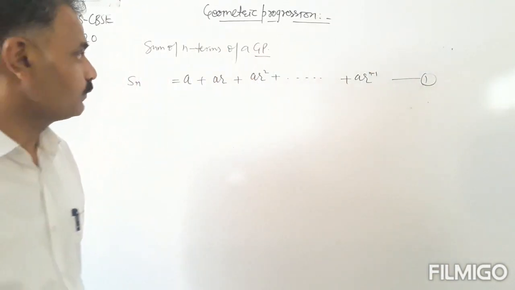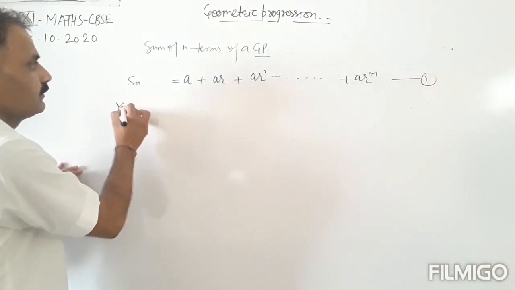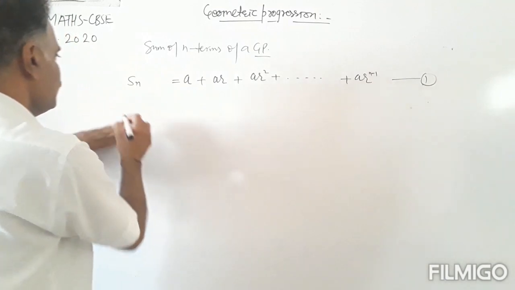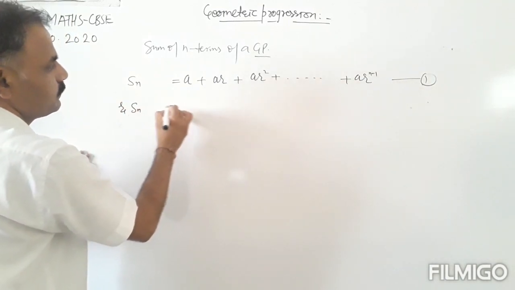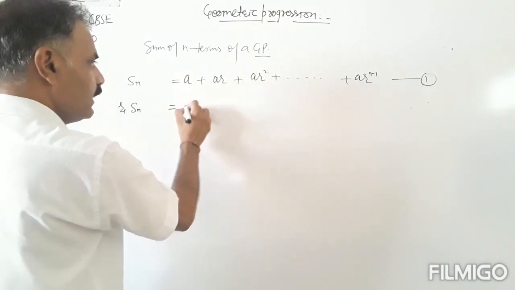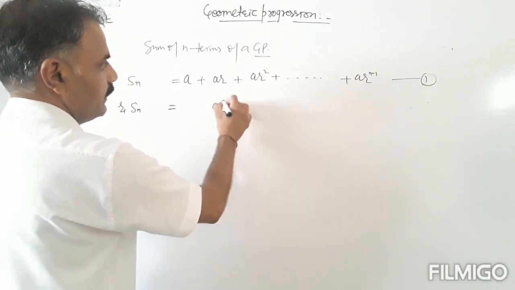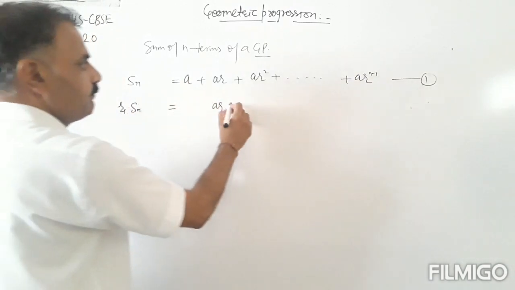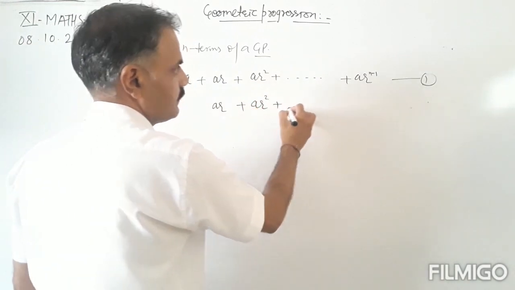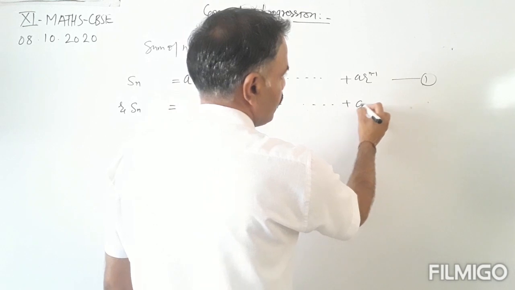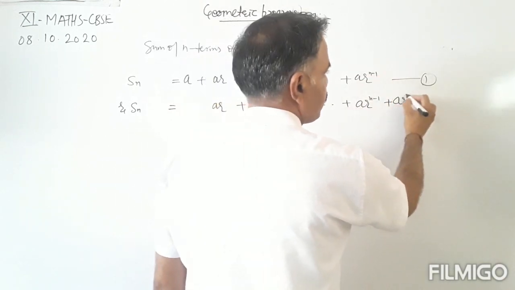Okay, now multiply this Sn by R. Multiplying this Sn with R, R Sn is equal to, write down one step ahead, A into R plus AR into R square plus and so on plus AR to the power n minus 1 plus AR to the power n.